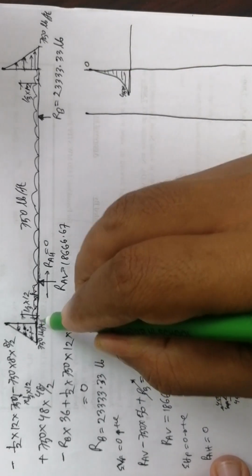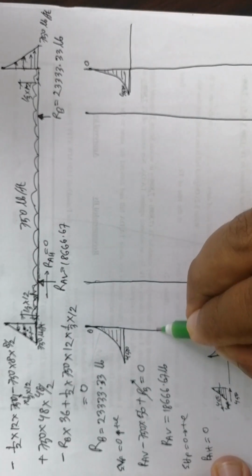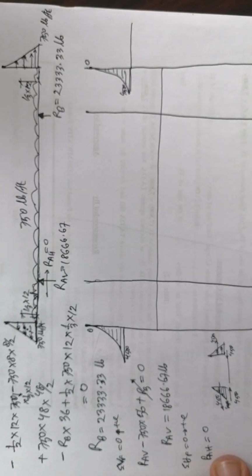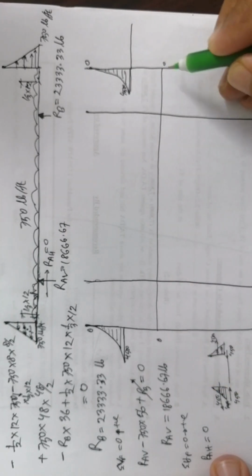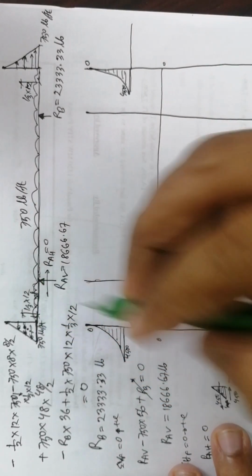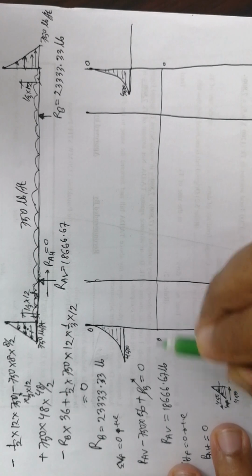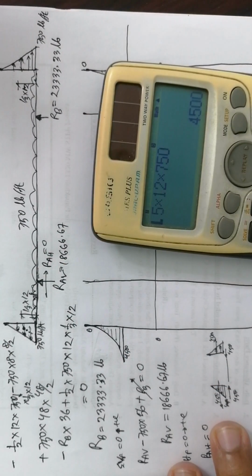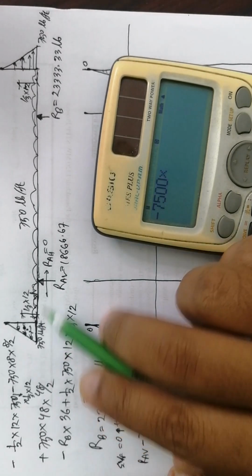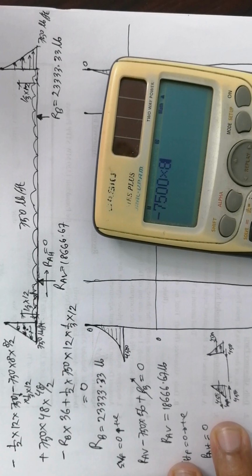So now this section like this, here is 0, also here is 0, reference line. So at this point, this is downward, this is negative, minus 750 into distance 8.